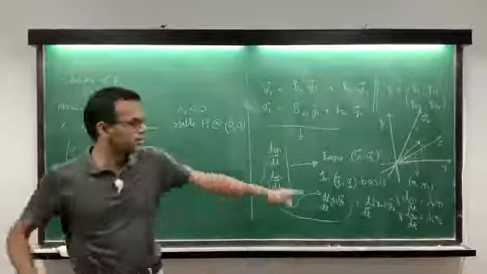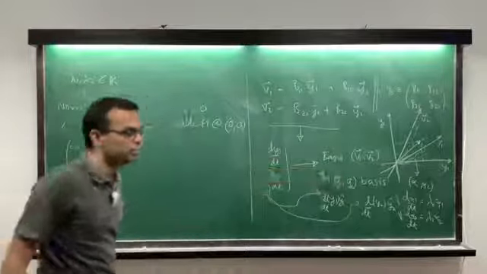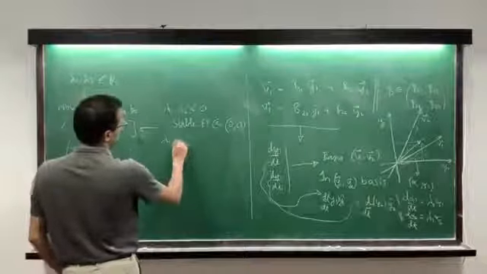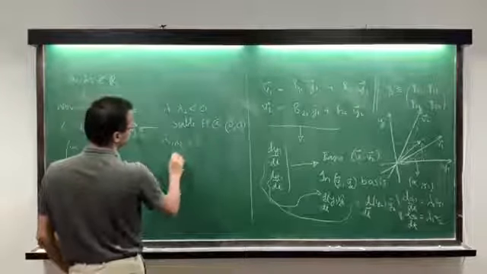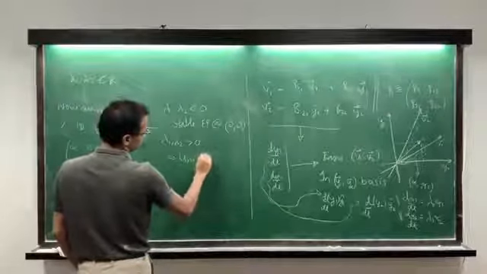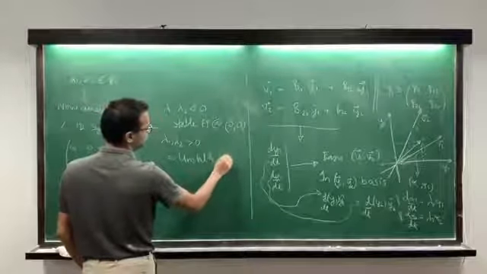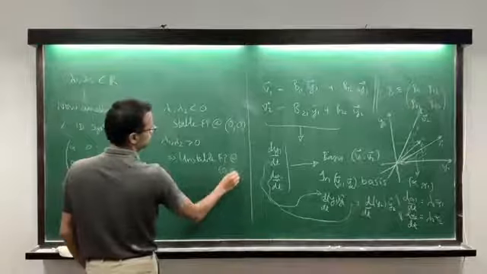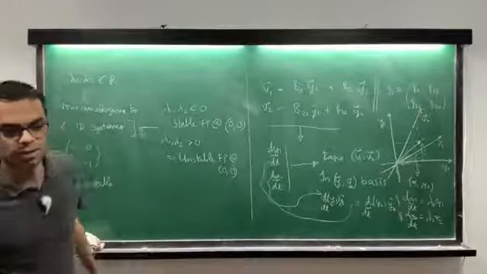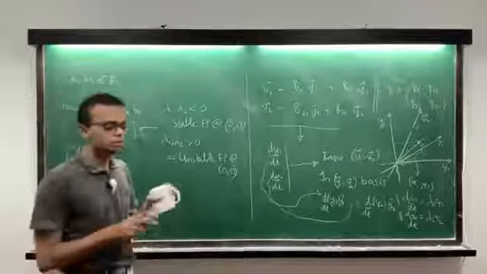Both will be like e to the power of minus lambda 1 t, e to the power of minus lambda 2 t. If lambda 1, lambda 2 are both positive, then it's unstable because both are going to go e to the power of plus lambda whatever t. So the fixed point is unstable. So this we've figured out so far. Okay, so this is kind of easy to do.